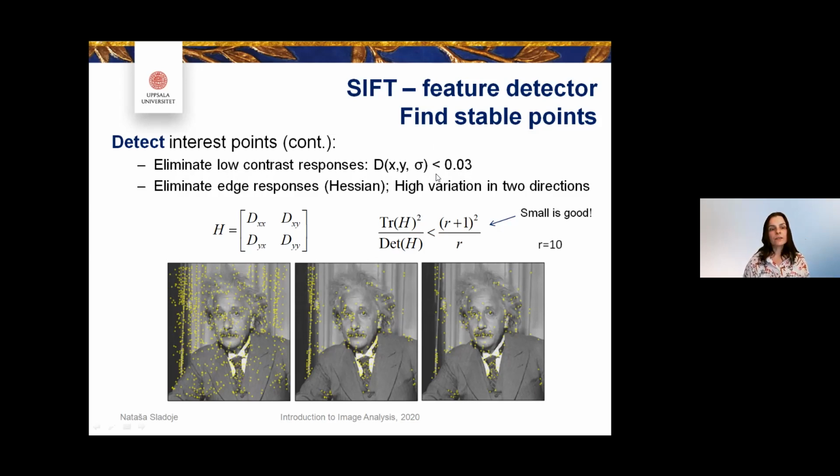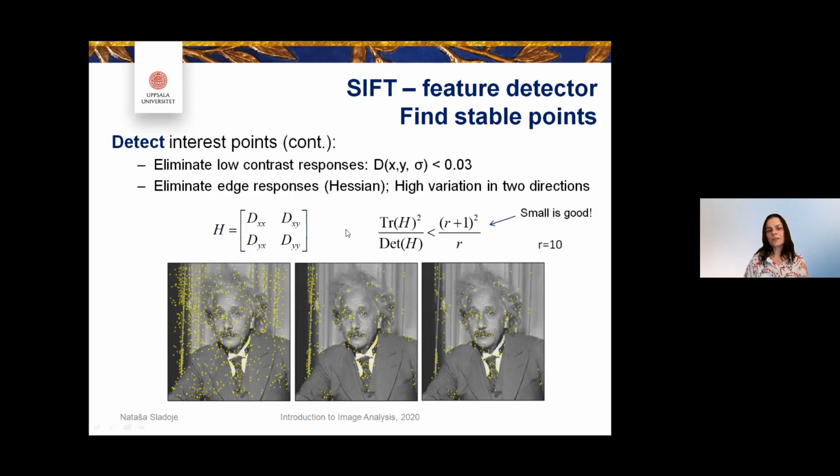And finally, we want to focus on the corners and to eliminate responses to the edges. And there we use the Hessian, essentially, which we already talked about. So we have this Hessian matrix of second order partial derivatives. And now we want to look at its eigenvalues, essentially.